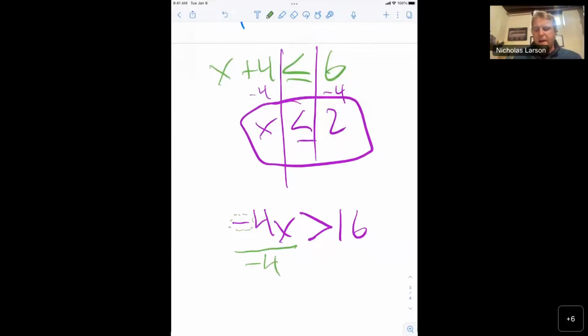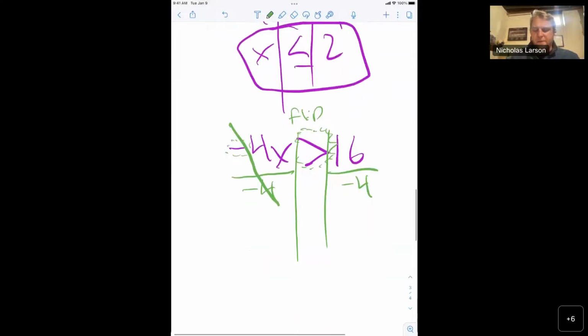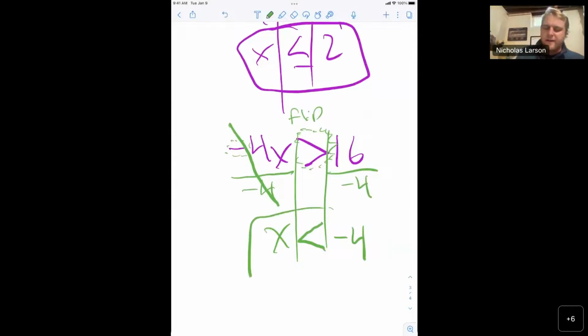When I divide or multiply by a negative, I need to flip my sign. So -4 divided by -4 cancels out. I'm left with just x, but I gotta flip my inequality sign, and +16 divided by -4 equals -4. Remember, a positive divided by a negative is always a negative.